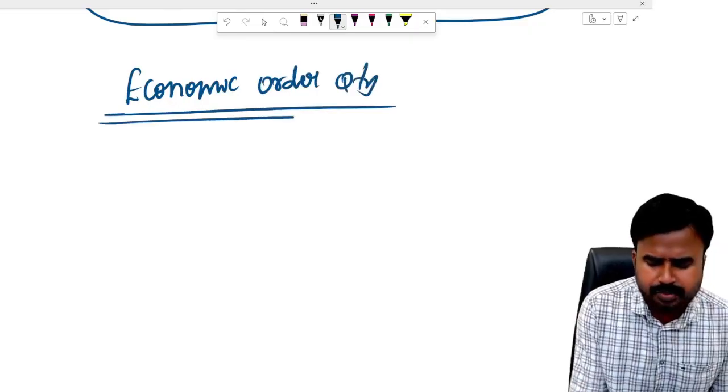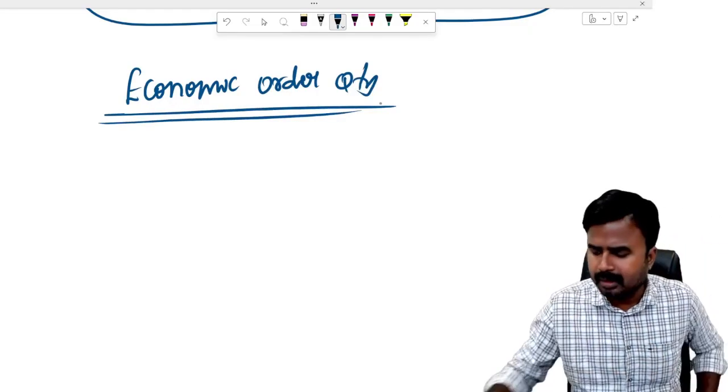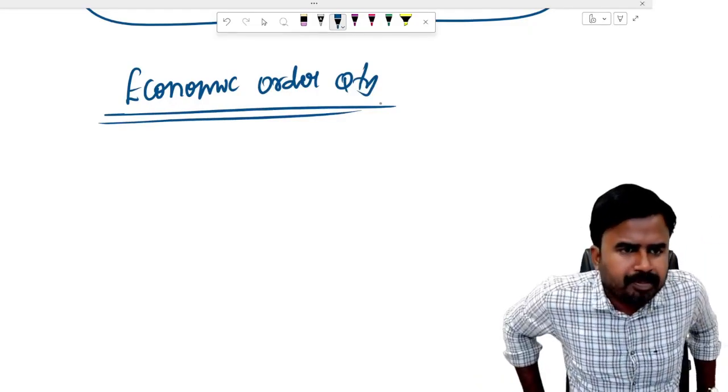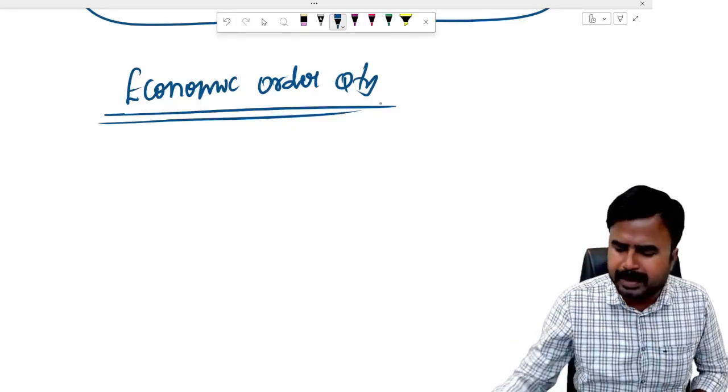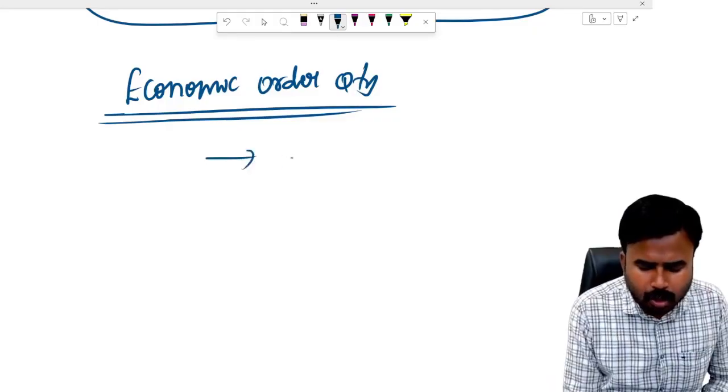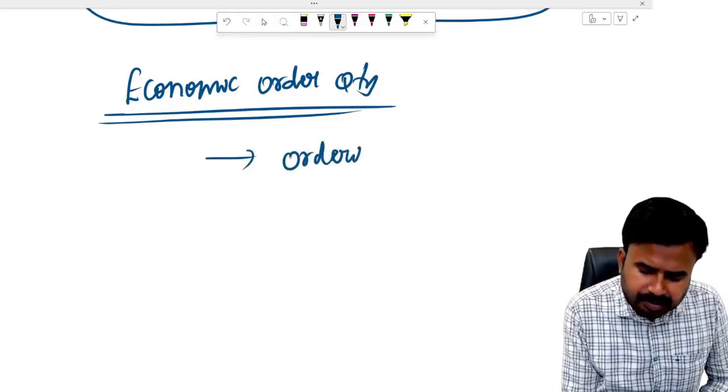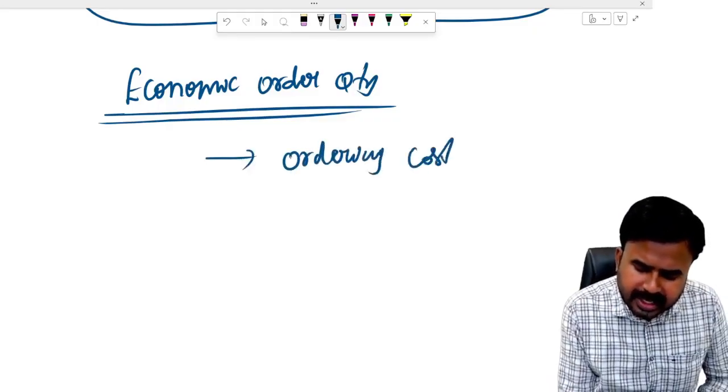See, dear students, whenever we are buying the raw material, we need to incur two important expenses called ordering cost and inventory carrying cost.